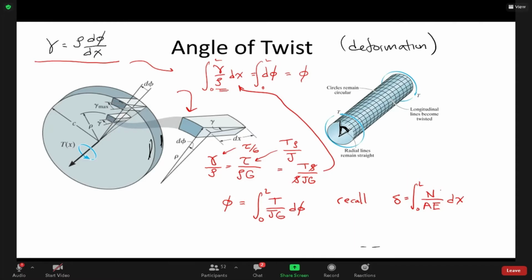Instead of the internal force, we have the internal torque, T. Instead of the cross-sectional area A, we have the geometric factor J, the second polar area moment. And instead of the material stiffness for axial problems, Young's modulus E, we have the material stiffness for torsion, the shear modulus G. So we have the same thing, very similar.